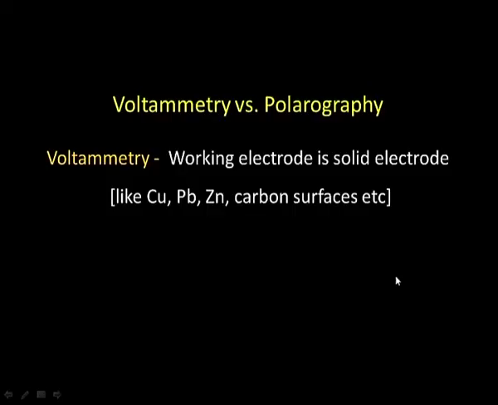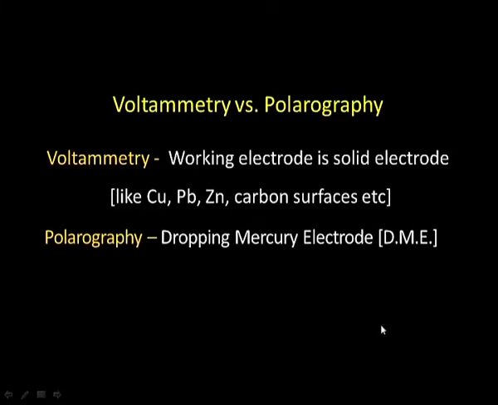Now, let us see how voltammetry differs from polarography. In voltammetry, as I have told you, the working electrode is always a solid electrode like copper, lead, zinc, carbon surfaces and so on.